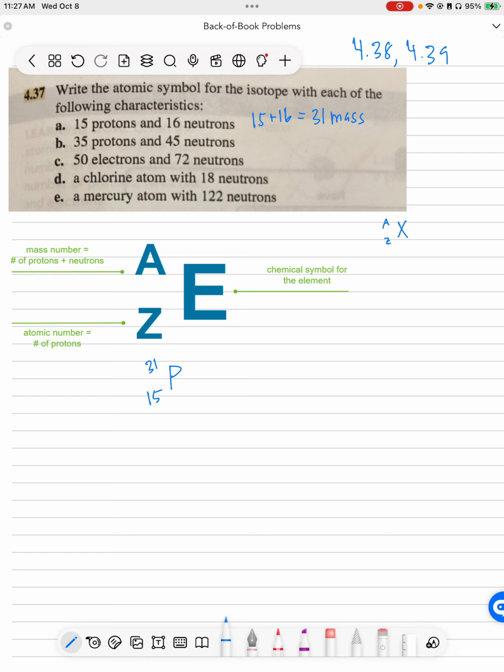All right, so now we have something that has 35 protons and 45 neutrons. And yes, I do need to use my calculator for this. All right, so we have 80 is our mass. And remember, how can we find the element that we're looking for? By this number right here, because protons never change, and that's its name badge.